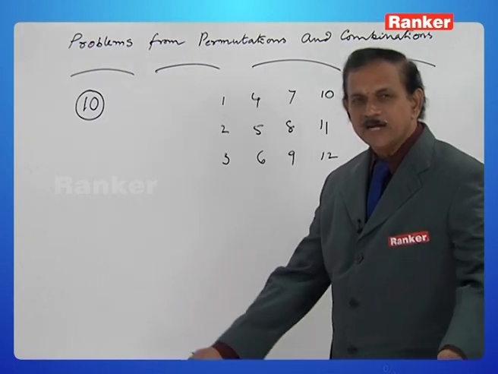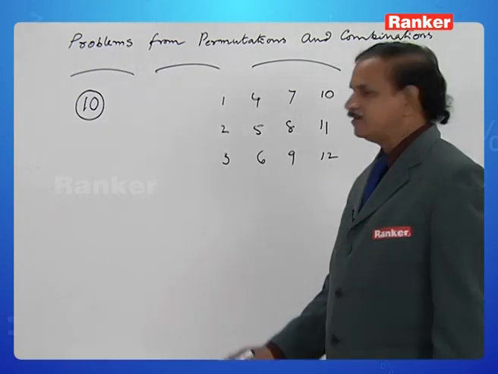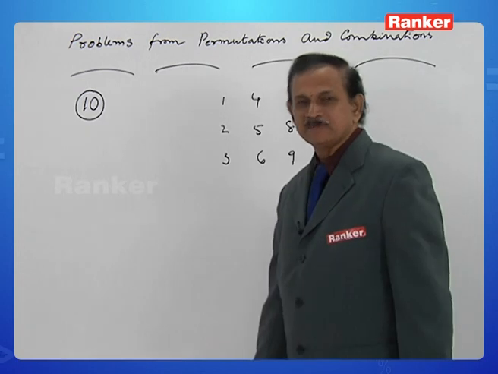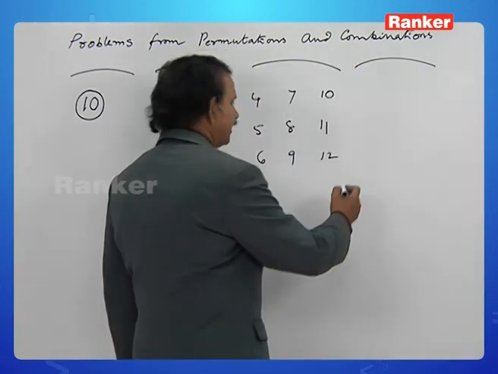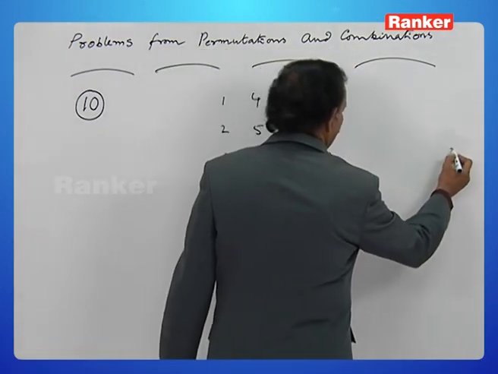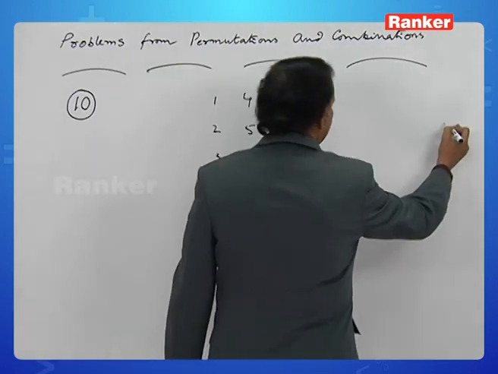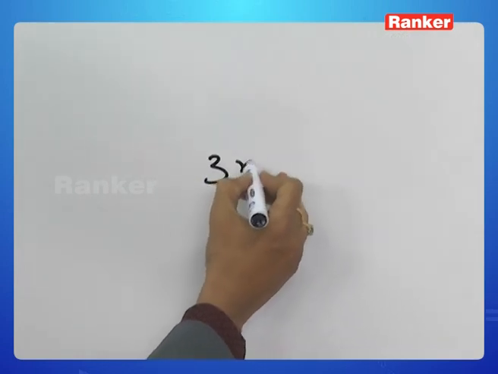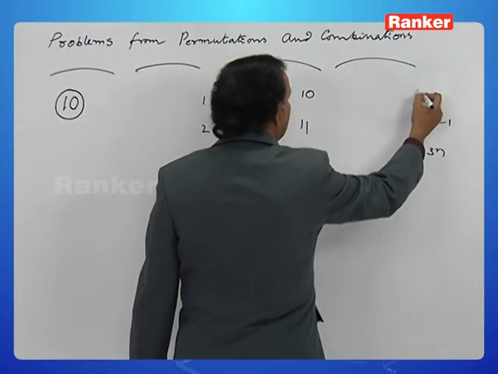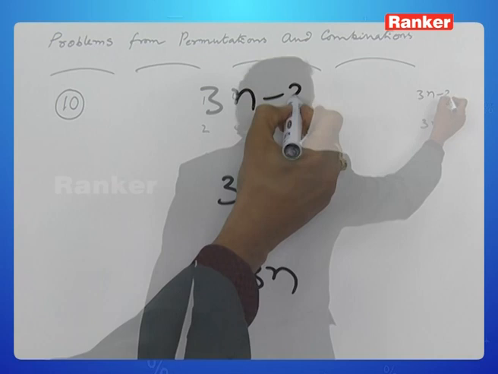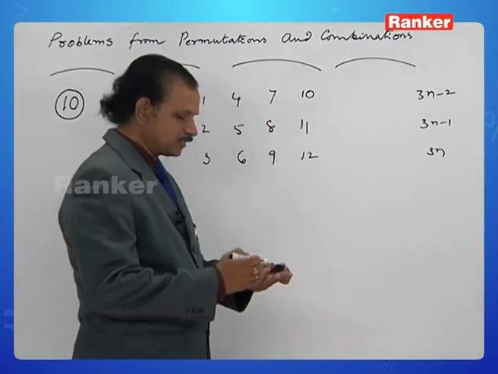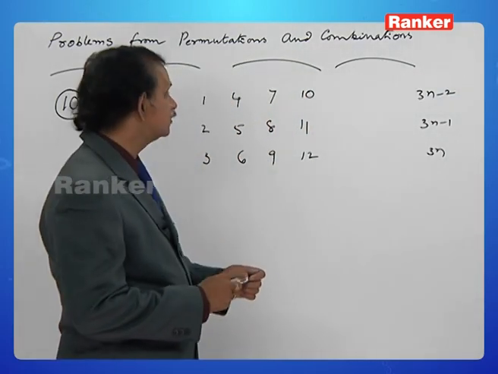They leave the remainder 0 when divided by 3. That is, these are all multiples of 3. What will be the last number in the third row? 3n. What is the last number in the second row? 3n minus 1. What is the last number in the first row? 3n minus 2, isn't it?